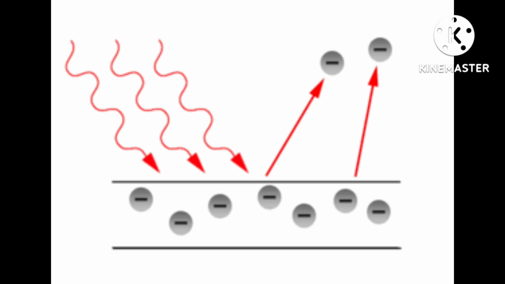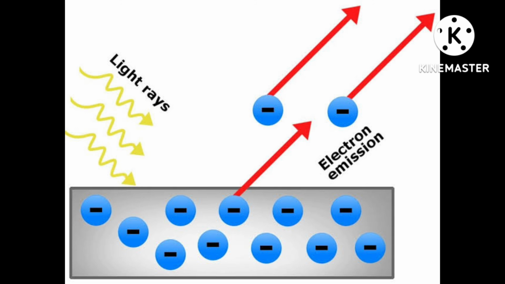This difference, h nu minus h nu 0, is therefore the kinetic energy of the photoelectrons.